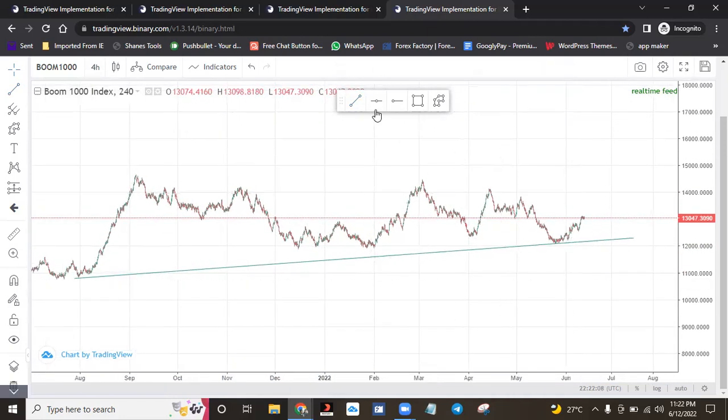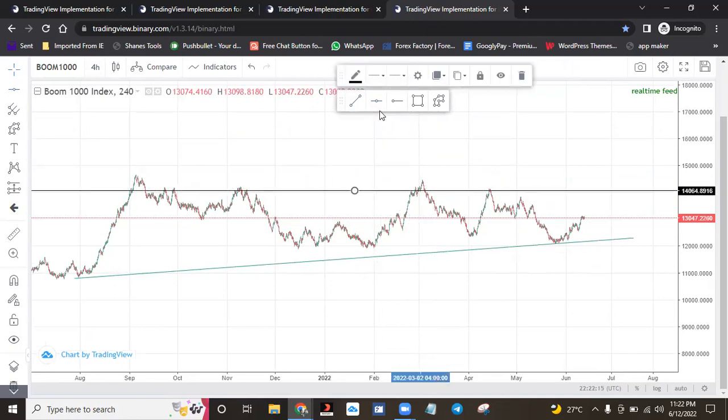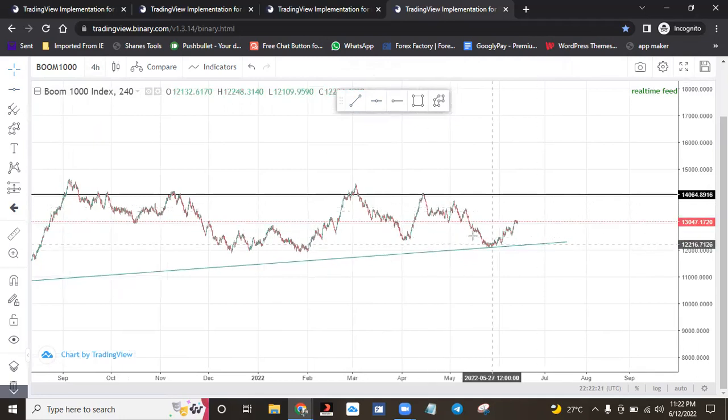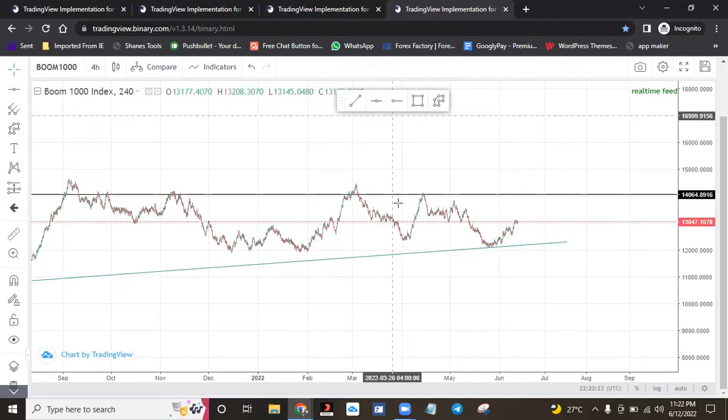And so we had a few resistances around here within the past week, and price also found support somewhere around here.